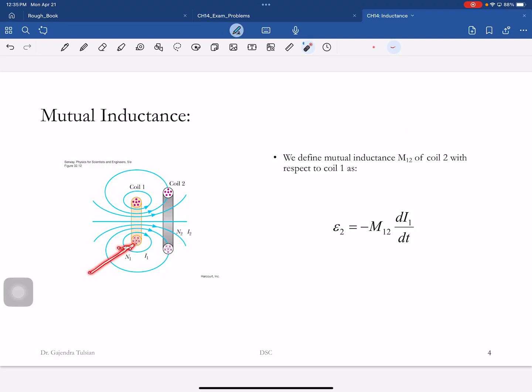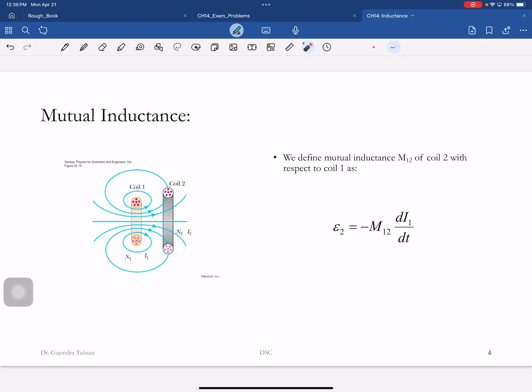What if there's a steady current in coil 1? What is the EMF in coil 2? Nothing. If di1 by dt is 0, that is, if you have a DC current here, the magnetic field is not changing, you're not inducing an EMF here. All right? So this proportionality constant is called the mutual inductance between circuits 1 and 2.